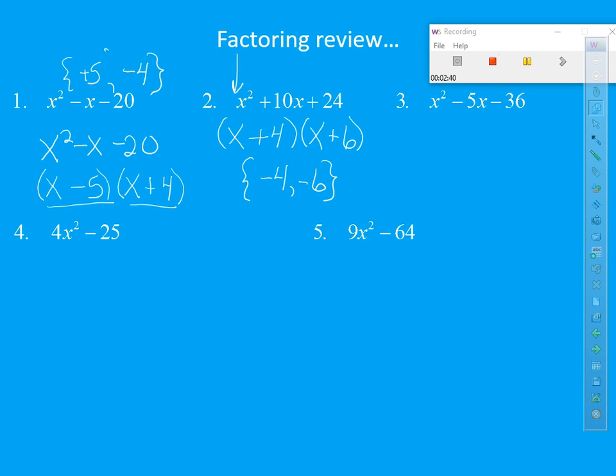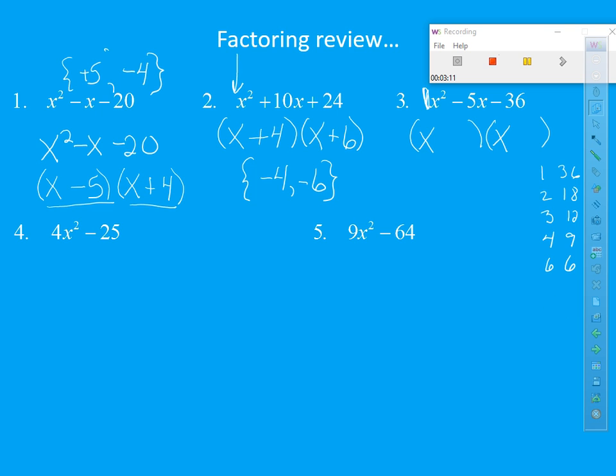My third quick review, x squared minus 5x minus 36. Another one where there's just a 1 right there. So two parentheses, x and an x. Your job, two numbers that multiply to be 36. So your choices, 1 and 36, 2 times 18, 3 times 12, 4 times 9, 6 times 6.